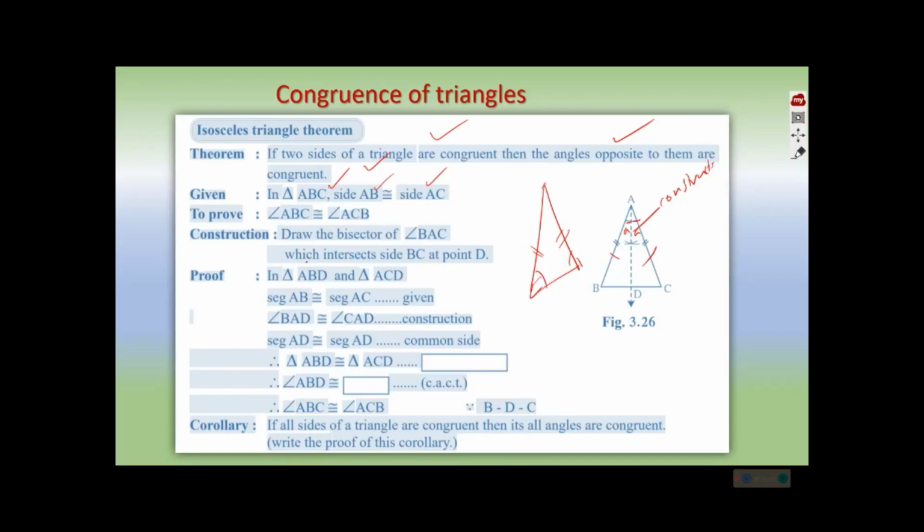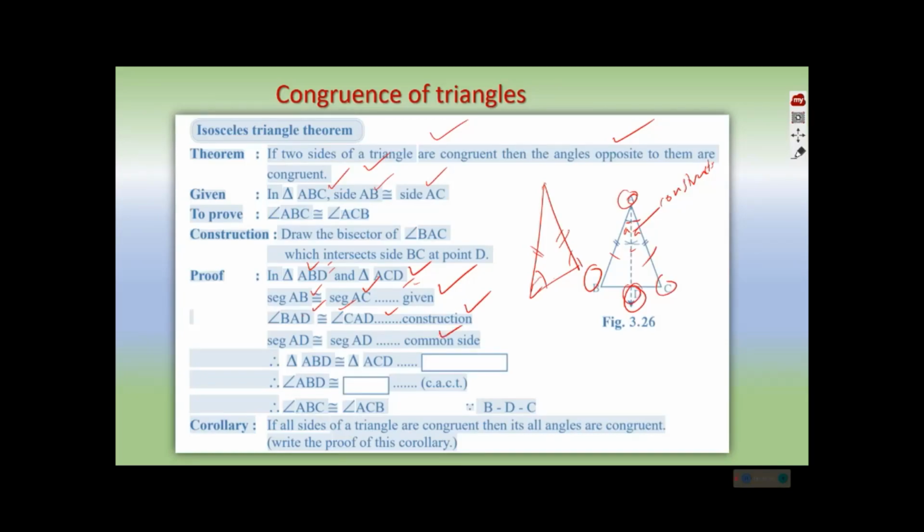In triangle ABD and in triangle ACD, segment AB is congruent to segment AC, which is given, and we made a construction by which the angle BAC is divided equally, so we can say that BAD is congruent to CAD because हमने बनाया. And the third side AD: ABD one triangle, ACD दूसरा triangle, उसमें जो side AD है ना, वो AD common है.